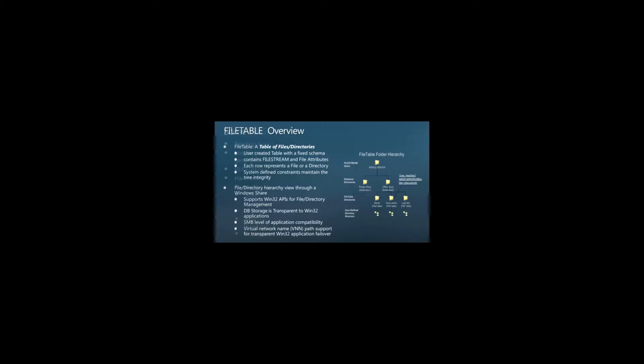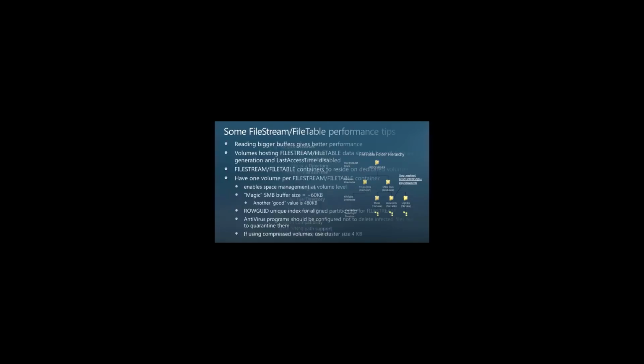So once you set up your file stream file table, there are a couple of performance tips that I have to share here. One is that if you have bigger buffers to read, then normally you get better streaming performance. And many of these things are actually standard file system performance tips.